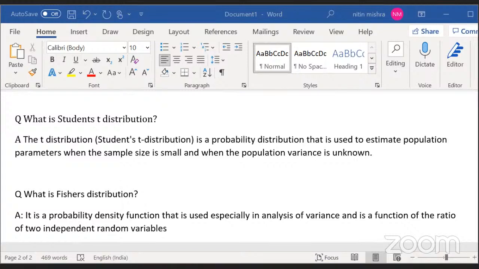Now, this brings in the chi-square distribution.